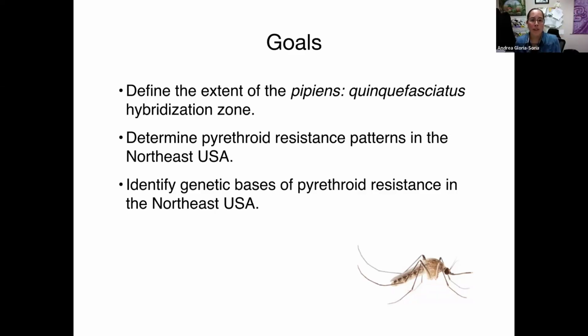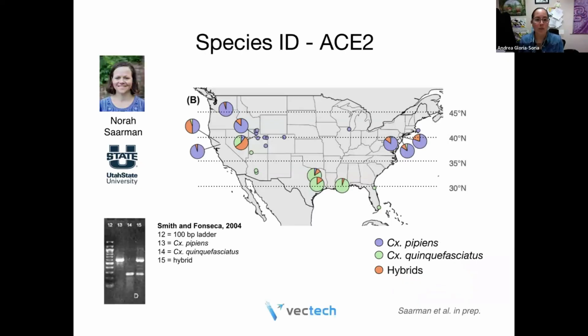We want to determine what the pyrethroid resistance patterns are in the Northeast United States, and identify the genetic basis of this resistance in the same region. So these are only the first goals of this project, but we have more that we will continue doing over the years, but I want to present some results from these ones today.